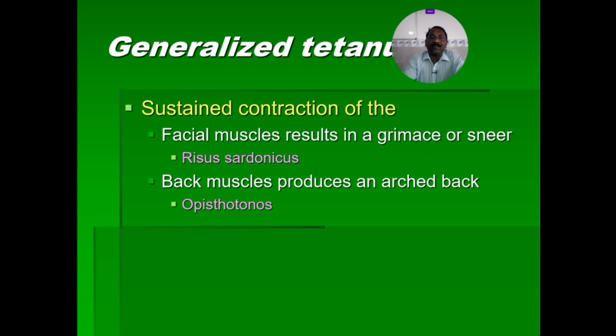There will be sustained contraction of the facial muscles, resulting in a grimace or sneer. The word given to that posture is risus sardonicus. Back muscles produce an arched back, that is opisthotonus. So opisthotonus and risus sardonicus, these two are very common in our tetanus population.